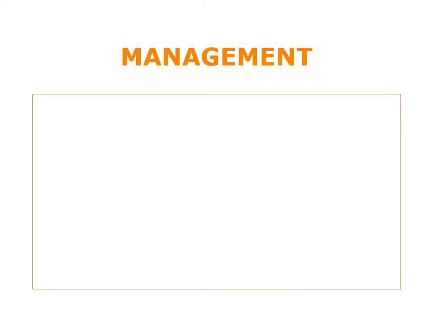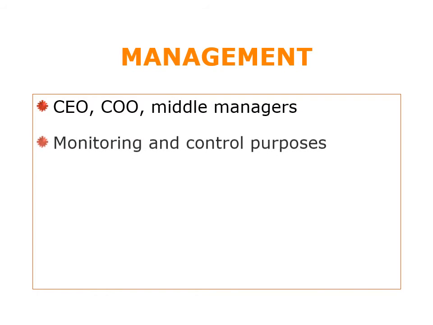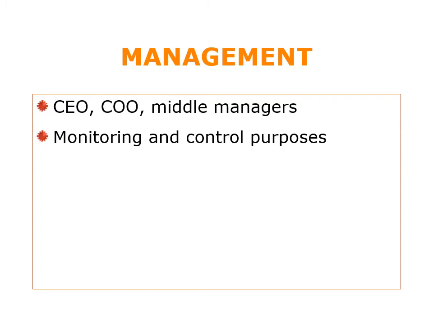And the management, whether it is the chief executive officer or the chief operating officer or the middle managers, so these are the management of the businesses. The managers or the CEO or COO need accounting data for monitoring and control purposes, to monitor the procedures, productions, the sales process, and so on.